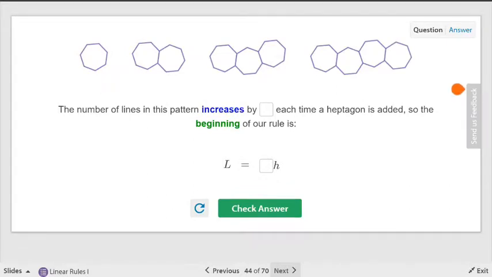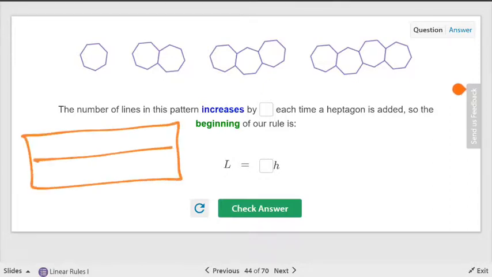Okay, here we go. Here, this one, we have a series of lines. The number of lines in this pattern is increasing. So we need to make a pattern. Are we counting the number of shapes? No, it's the number of lines.